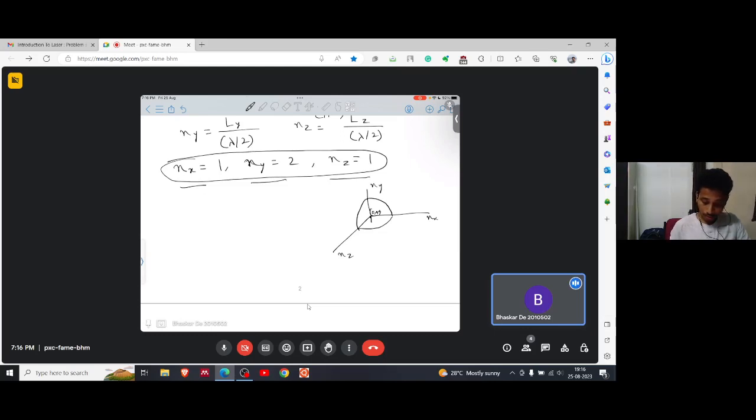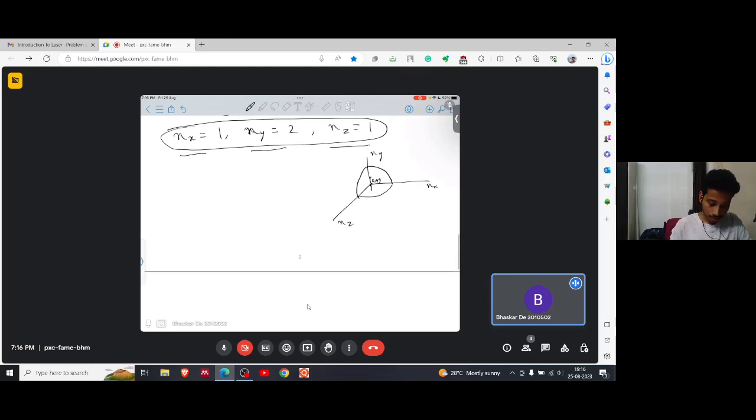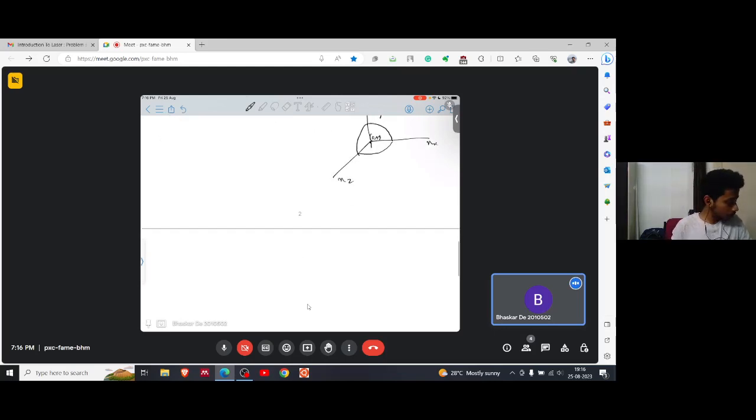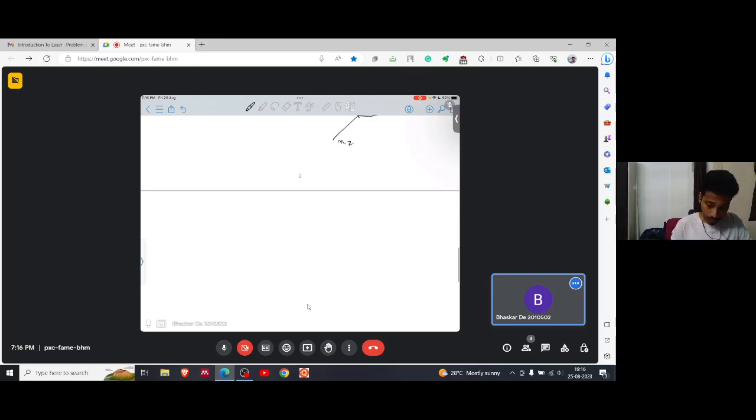Now this is only one octant of the ellipsoid, which is 1/8 of the whole volume. So the volume of the octant is 1/8 times 4 pi by 3 nx, ny, nz.